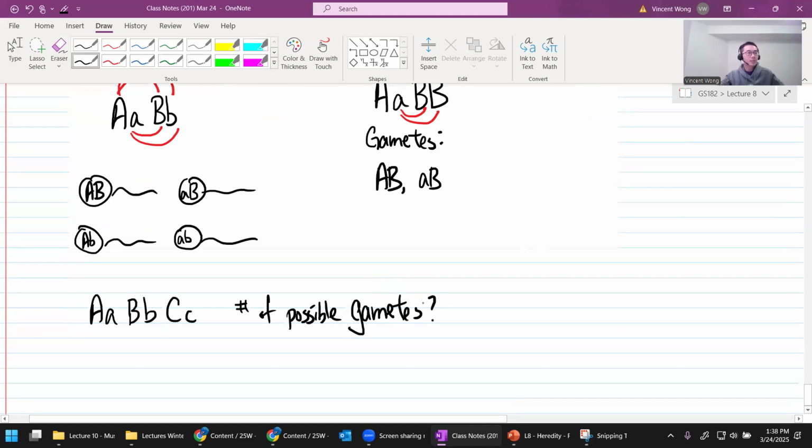How many possible types of gametes can we have? Now we have three separate genes, and all of them are heterozygous. How many different alleles?